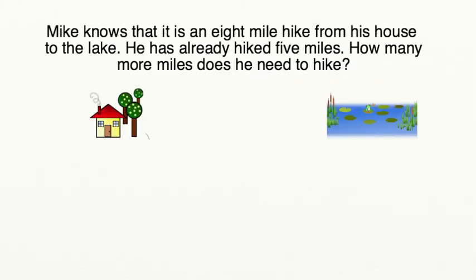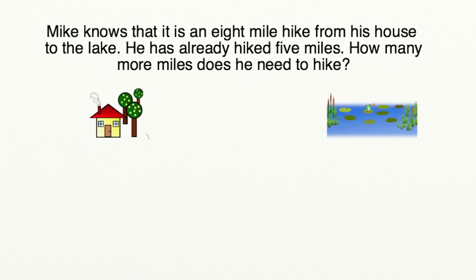To begin today's lesson, we're going to start with a word problem. Mike knows that it is an 8-mile hike from his house to the lake. He has already hiked 5 miles. How many more miles does he need to hike? So to start, we're actually going to be using bars to represent how many miles Mike has to go and how many miles he has hiked.